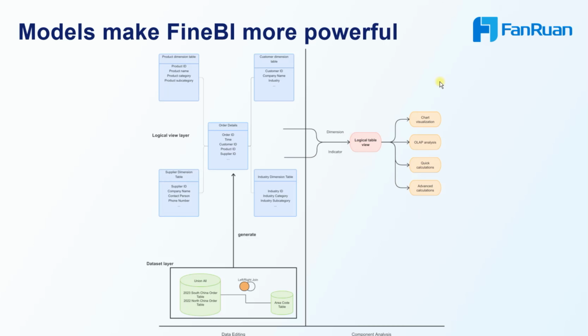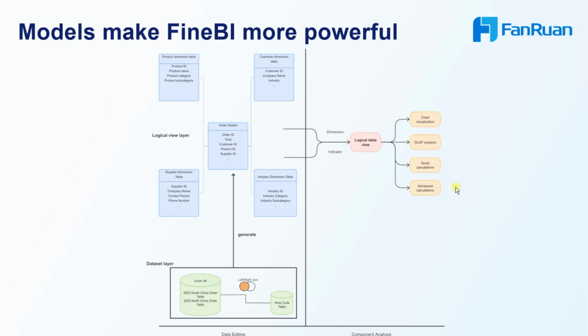This logical table is essentially the table we just saw, aggregated and then joined. Depending on the analysis questions or the dimensions and indicators dragged, it might be adjusted further. For instance, it might be generated on a timed basis, rather than being a real, large wide table. You can think of this conceptually. Then, based on this logical view of the table, we continue with visualizations, OLAP analysis, quick calculations, and advanced calculations.